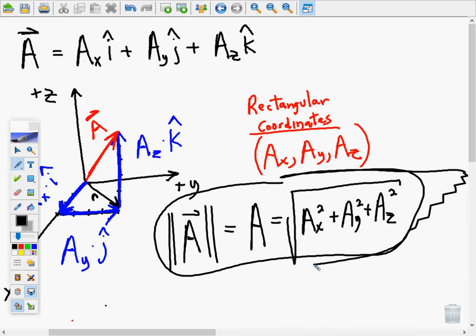Now, sometimes that vector is expressed in terms of spherical coordinates. You need 3 this time because it's a three-dimensional scenario.